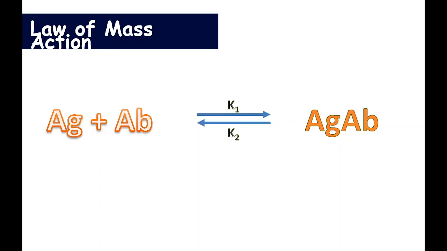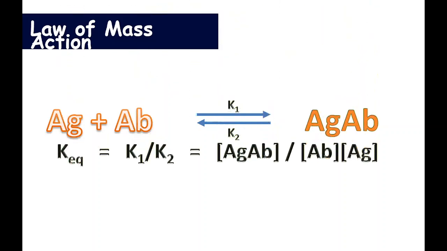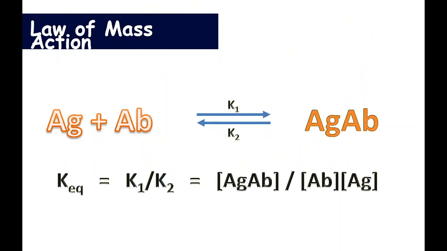The equilibrium constant K equals the rate constant for the forward reaction, K sub 1, over the rate constant for the reverse reaction, K sub 2, which equals the immune complexes, or antigen-antibody complexes, over antibody concentration times antigen concentration.